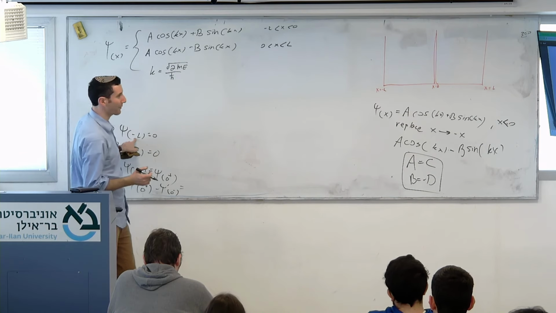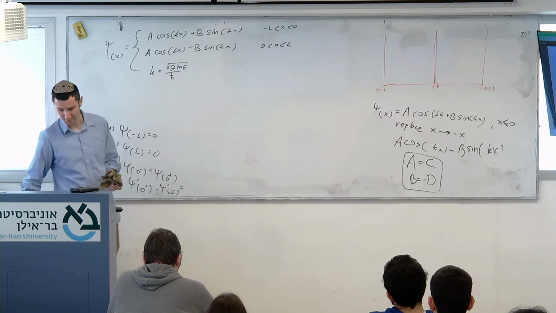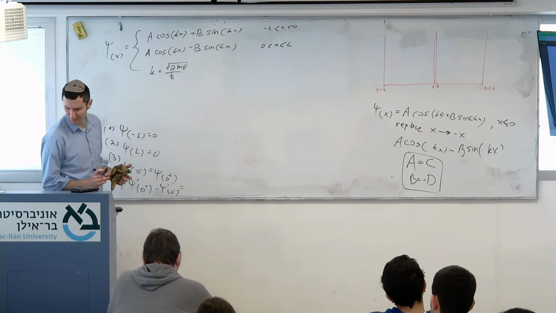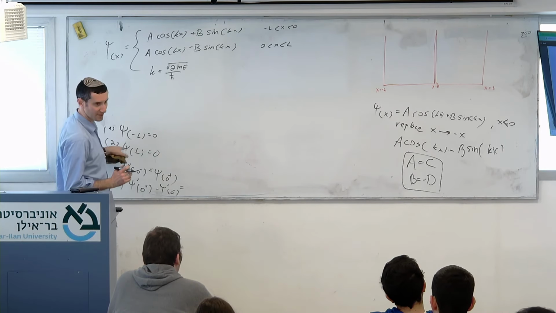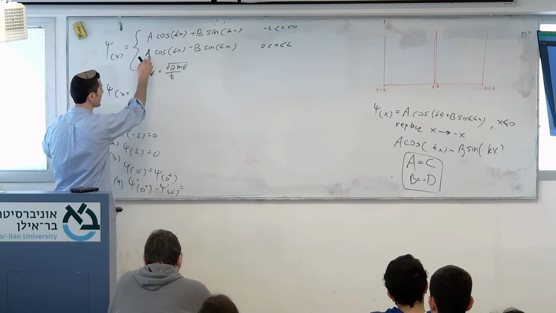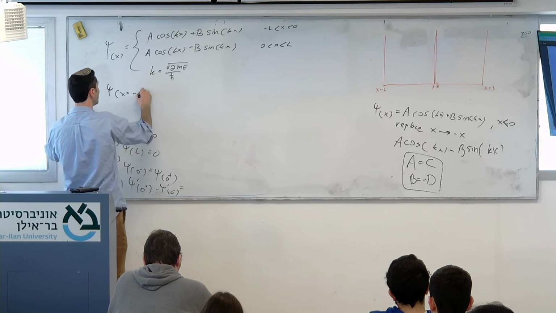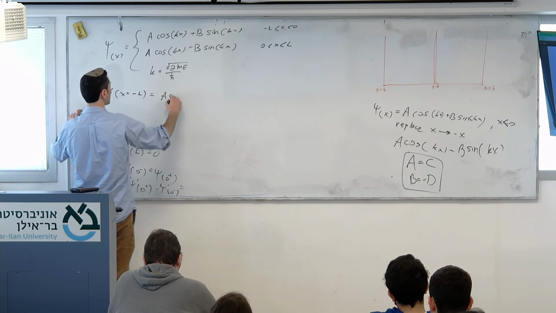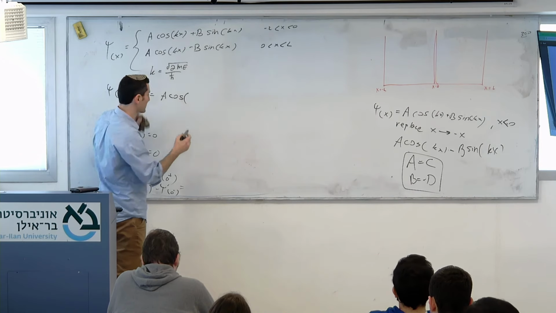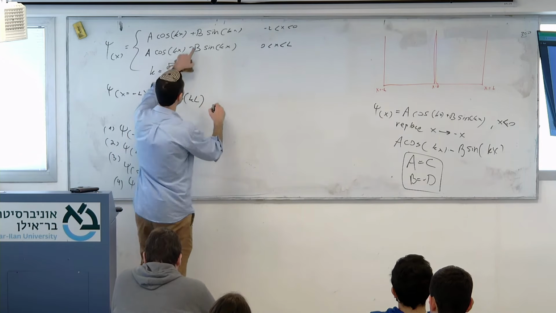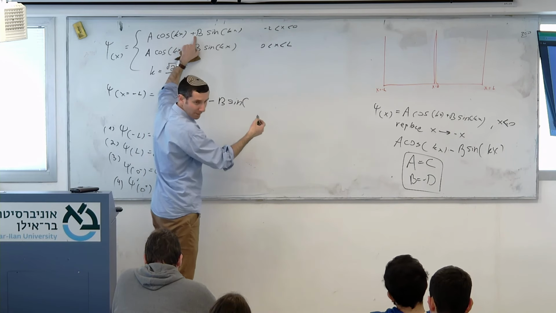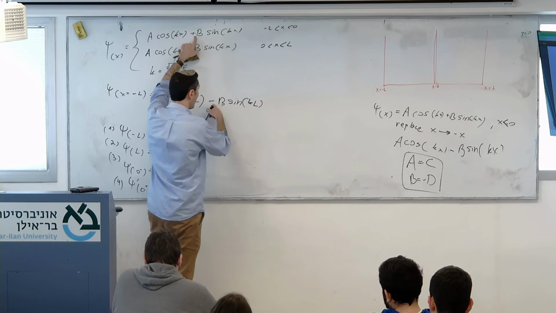So let's see what happens at, let's start with this. Psi of x equals minus L is A cos, I'm supposed to write k times minus L, but it's just like writing kL, plus B sine k minus L. So I'm writing here minus instead.